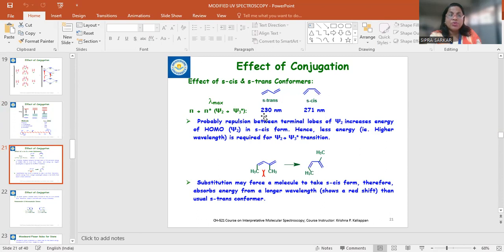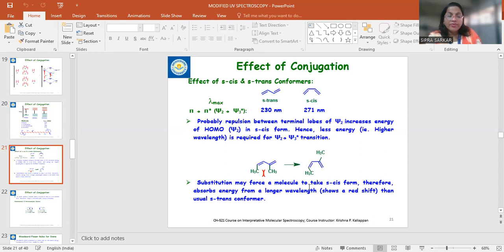As a result, they absorb smaller wavelengths. Probably the repulsion between the terminal lobes of the pi 2 orbital increases the energy in the cis form, and hence less energy is required for the pi 2 to pi 3 transition.